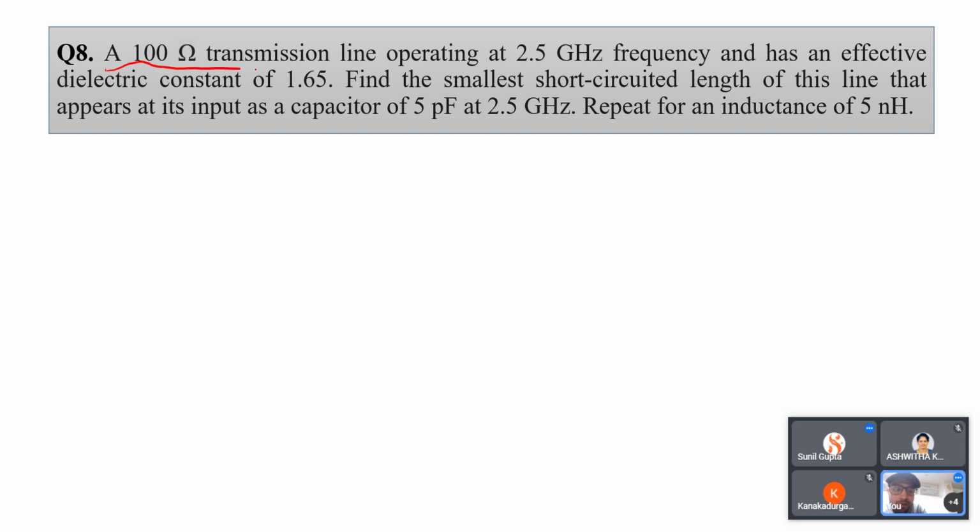A 100 ohm transmission line operating at 2.5 gigahertz frequency has an effective dielectric constant of 1.65, same as the previous one.